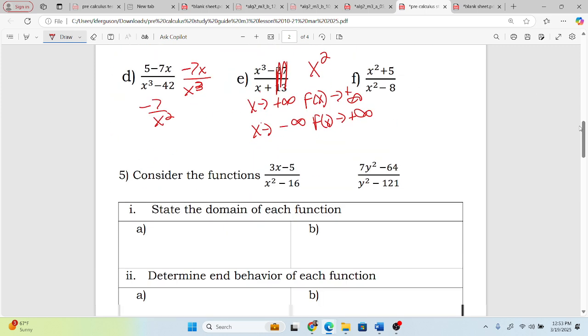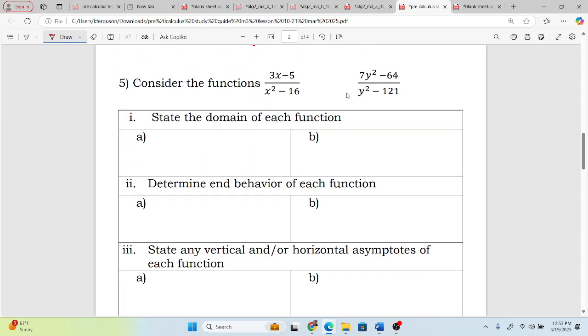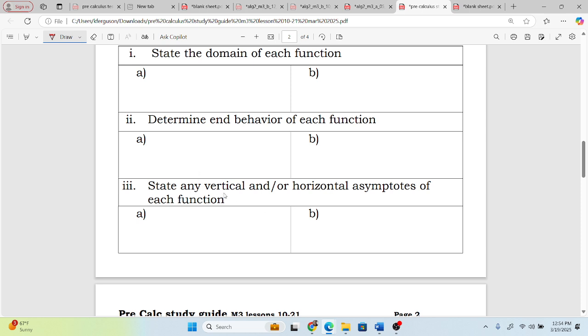Okay. So then we got two functions. You need to state the domain of each function. Well, the domain, we already know how to do that. In behavior, we just talked about how to do that. And then we also just recently talked about the vertical and horizontal asymptote lines for functions.